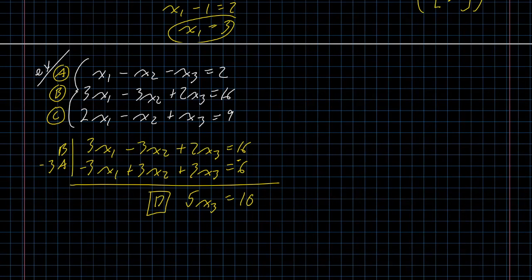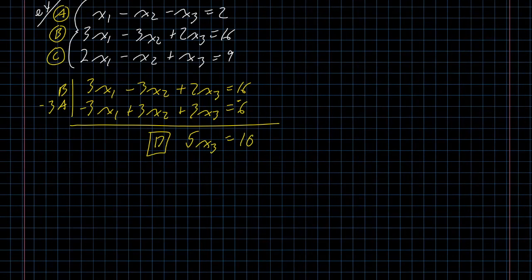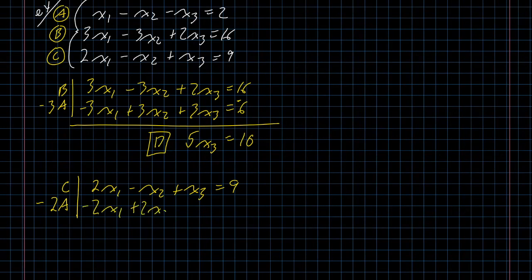I can also look at combining these equations by taking equation C and subtracting, this is where I wanted the 2 times equation A. So equation C is 2x1 minus x2 plus x3 equals 9. Minus 2 times equation A is minus 2x1 plus 2x2 plus 2x3 equals minus 4.